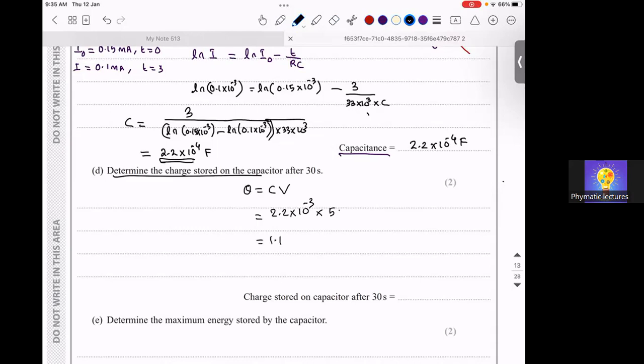Oh, my bad, the capacitance is 2.2 into 10 raised to minus 4. Then multiplied with the 5, we will get 1.1 into 10 raised to minus 3 coulomb. That is the maximum charge stored on the capacitor.